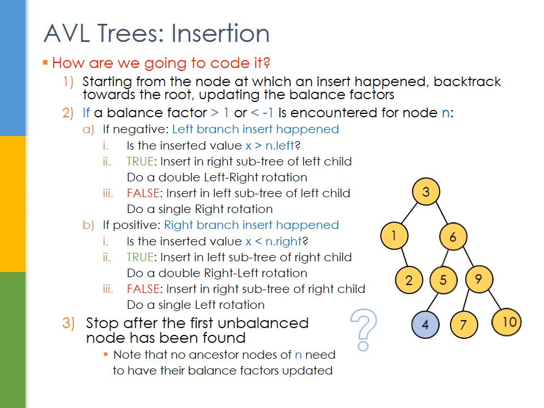So at this point we have now created a balanced AVL tree. We don't need to look any further up the tree at any of the ancestor nodes above the node that has been unbalanced and that we've now dealt with by means of this rotation.